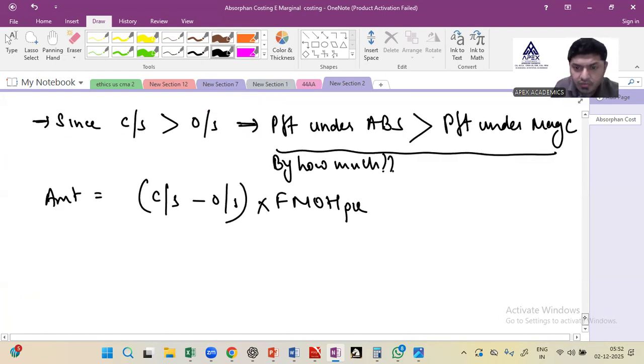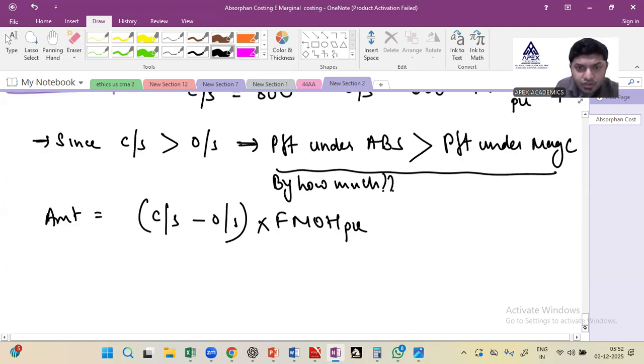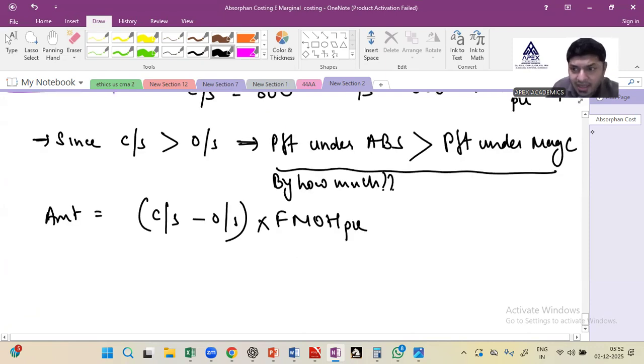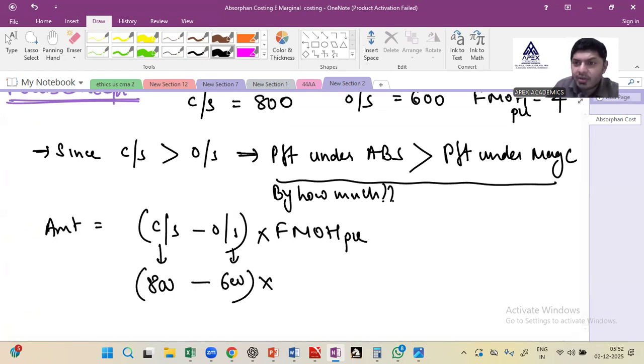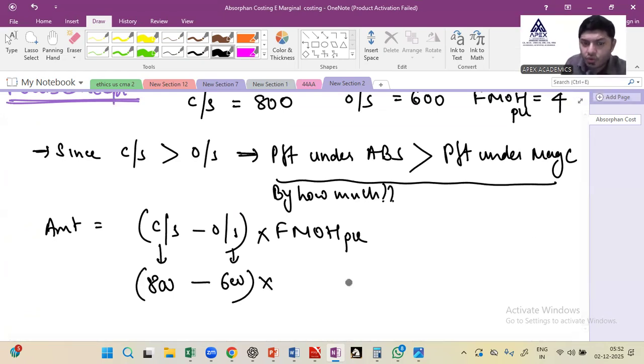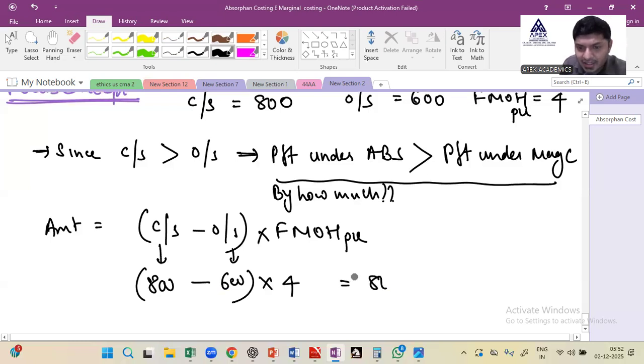So here, what is my closing stock? My closing stock is 800, and what's my opening stock? It's 600. And what's my fixed manufacturing overhead? It is 4. So here it is $800. What is $800?